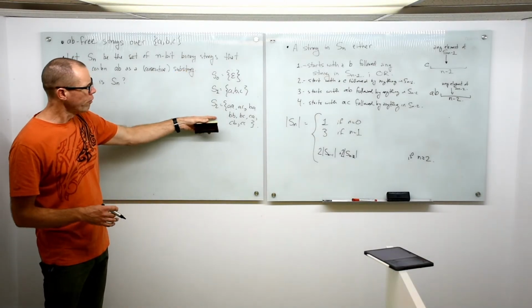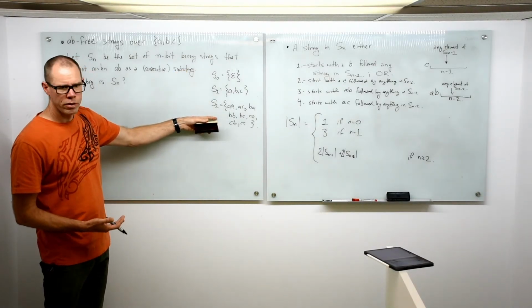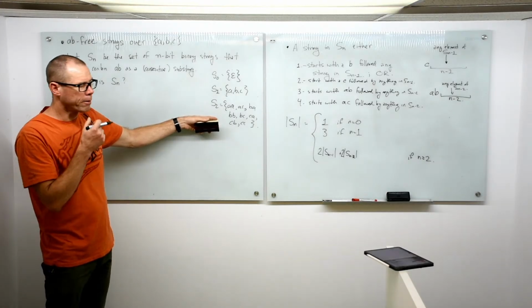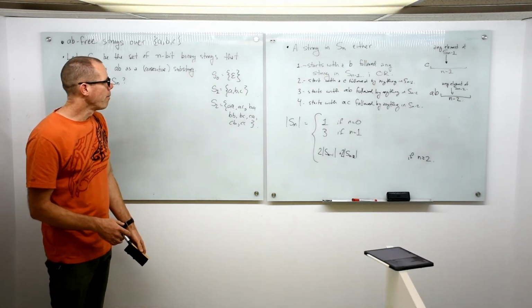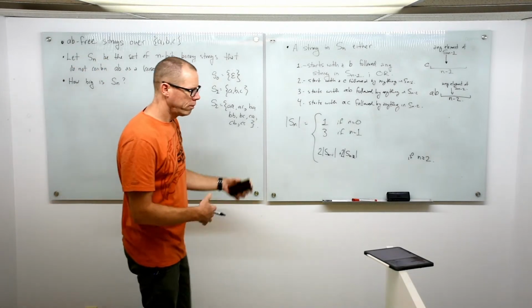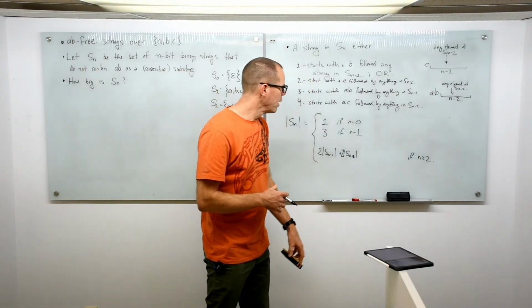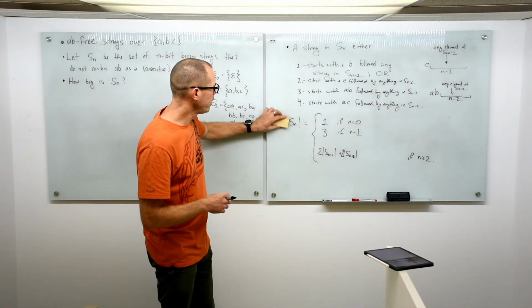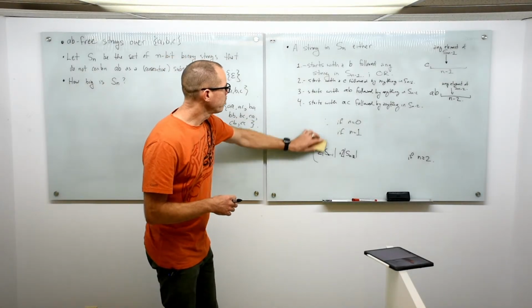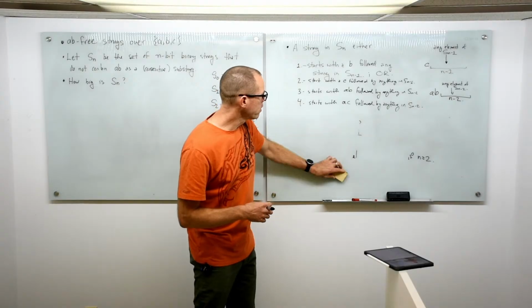Yeah, the set was different, but the number of strings was the same. One of them is missing. So you might think the answer is going to be the same. But you should still continue with this and see where it leads you. And that means you should try and keep making this argument.